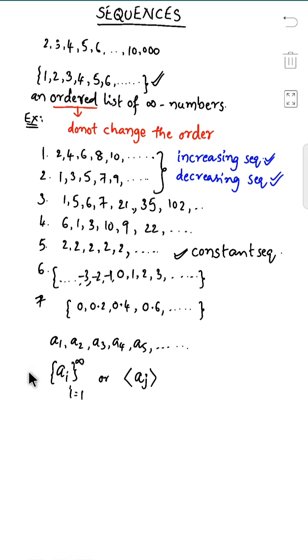Normally the sequence can be represented in terms of u or v. Say u equals ai, or they can simply give the sequence bi, where i goes from 1 to infinity, or it can be represented as bn, small n, where n goes from 1 to infinity.